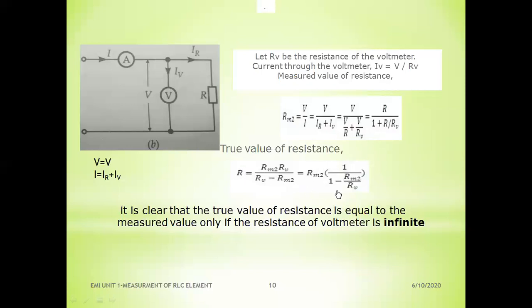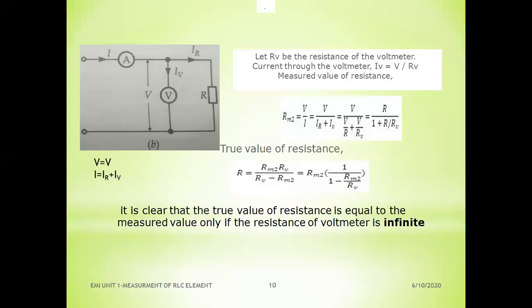We get the true value of resistance like this. The unknown resistance is equal to the measured resistance when Rv, that is, the resistance of the voltmeter, is infinite.